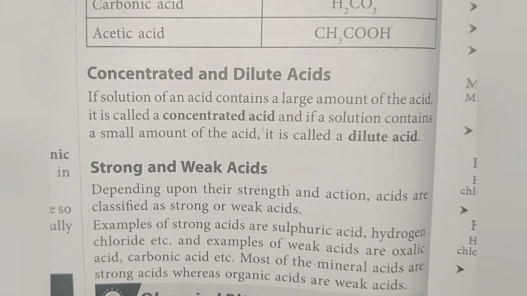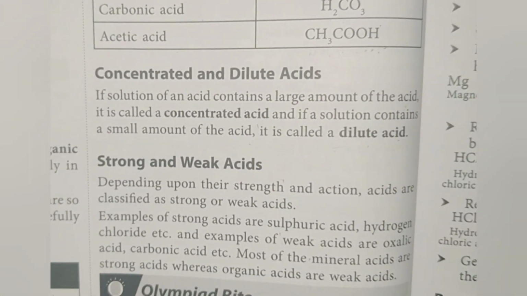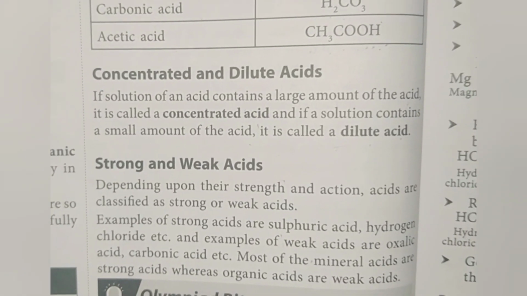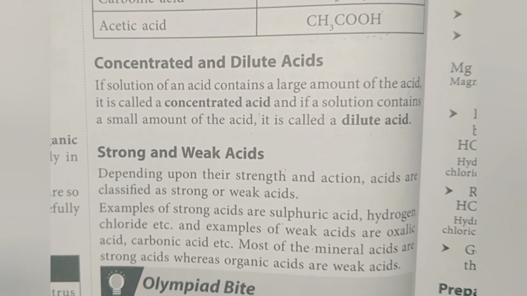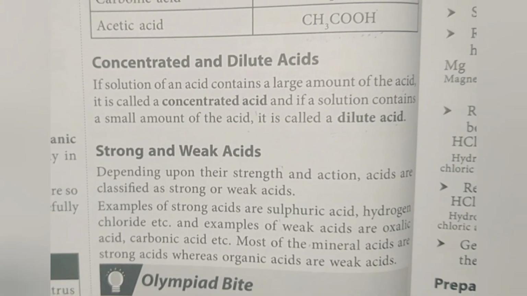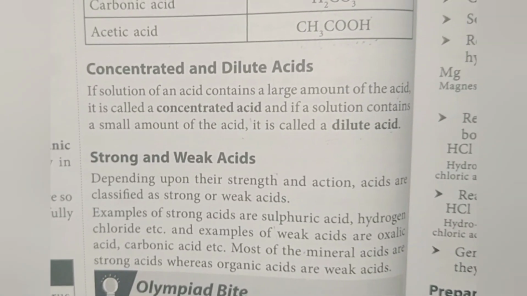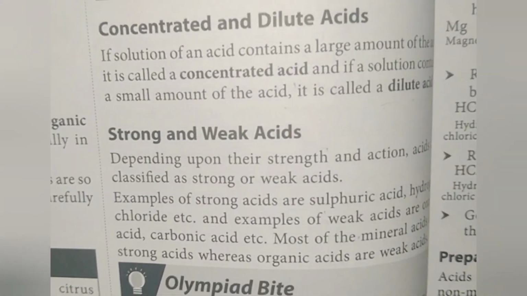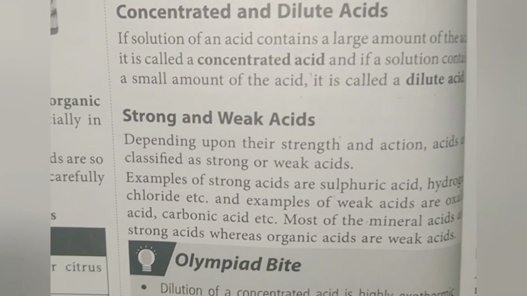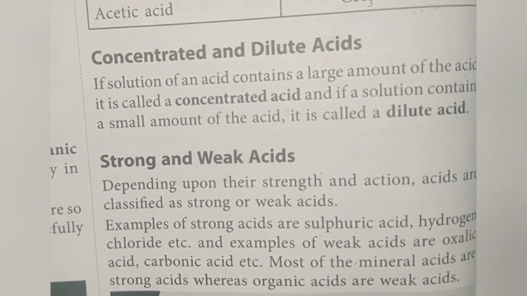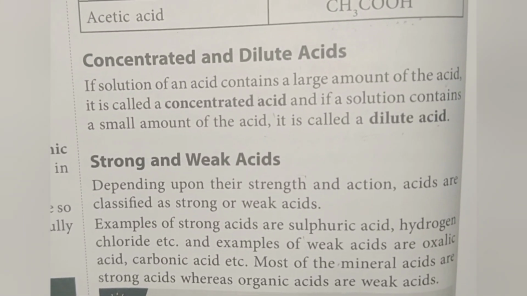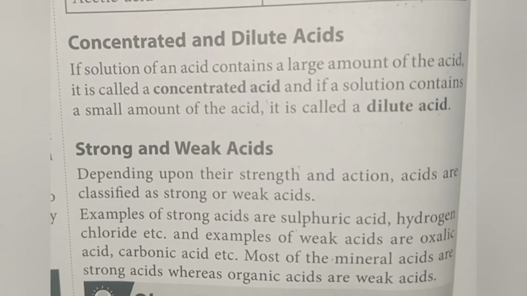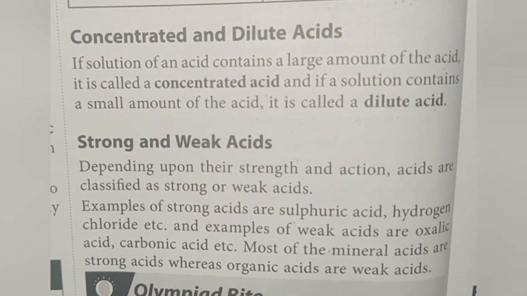Now one term we have left, dilution. Dilution of concentrated acid. The question is, do we add water in acid or acid in water? Yes, always we add acid in water, because when we add water in acid, it will release a tremendous amount of energy, due to which there will be a blast. So avoid this. We always have to add acid in water.